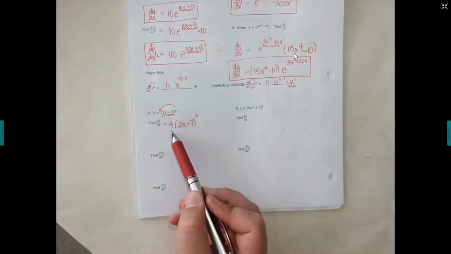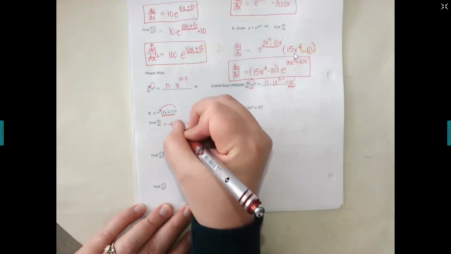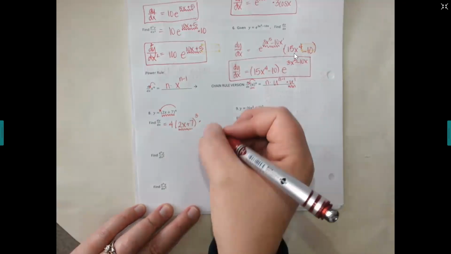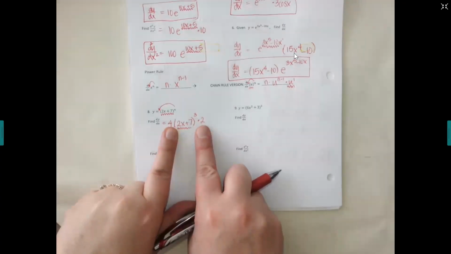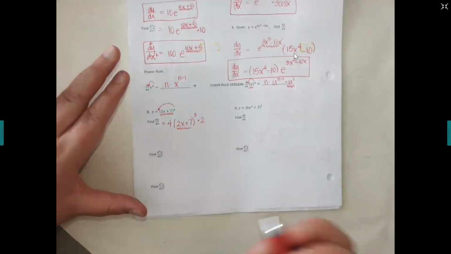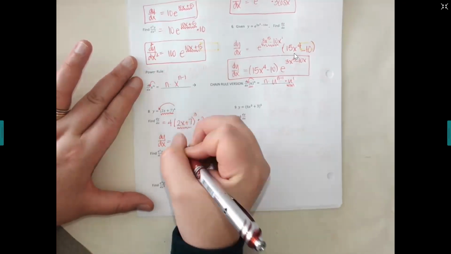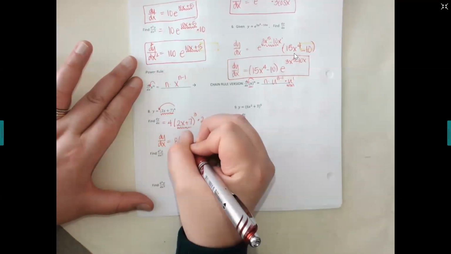So my 4 comes down, I take away 1, but then I have to multiply by the derivative of what that core is. So if it's a 2x plus 7, that would be an extra times 2. Okay, then don't forget that if I have a 4 times in the front and a 2 times in the back, we can combine that to be dy/dx equals 4 times 2 would be 8 times 2x plus 7 cubed.